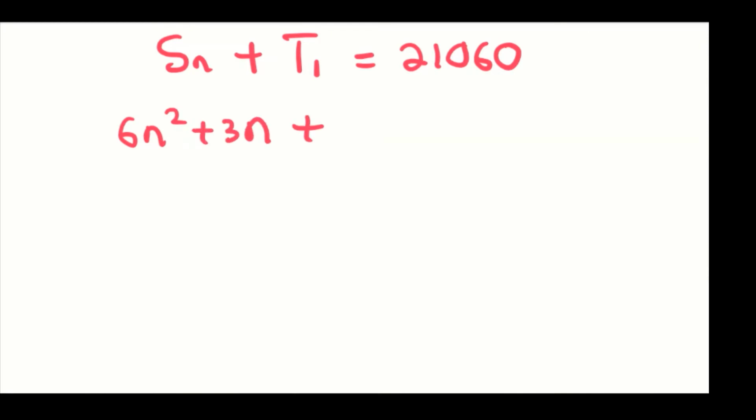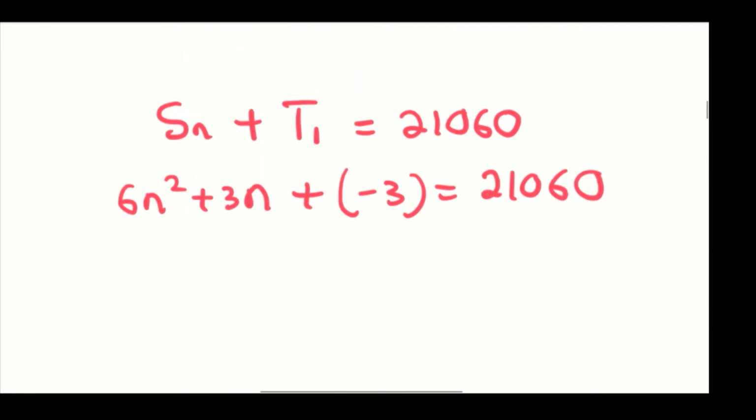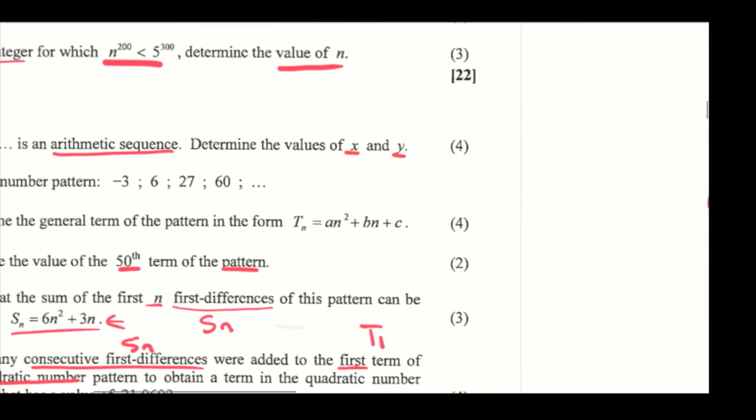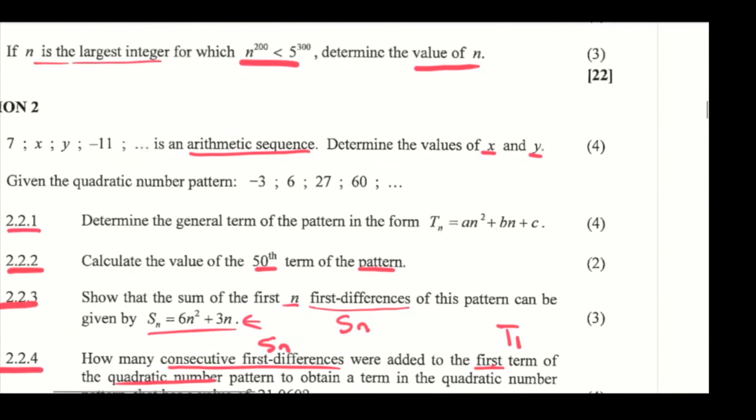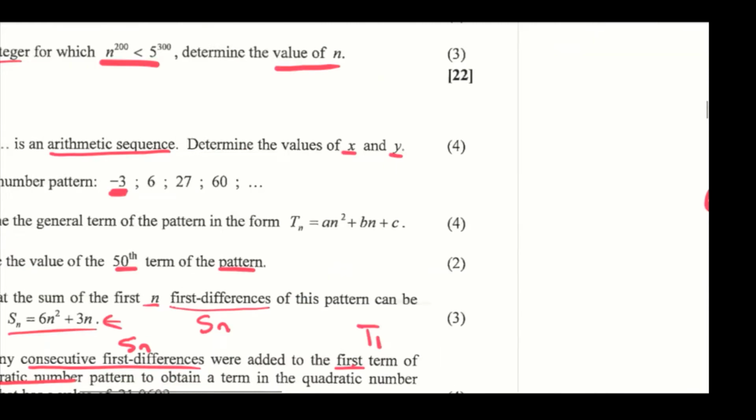And the first term of the quadratic number pattern is minus 3, right? It's minus 3, being equal to 21060. So this minus 3, you can just check it. It's this one here of our quadratic number pattern, right?